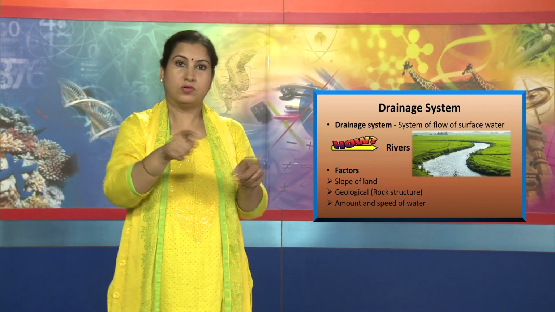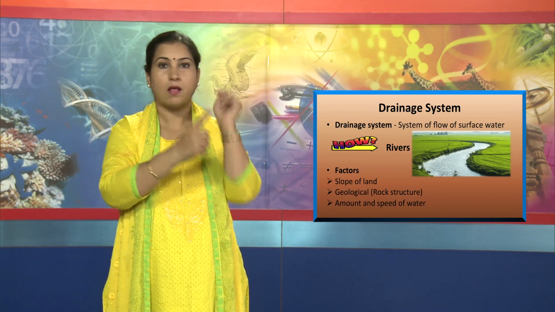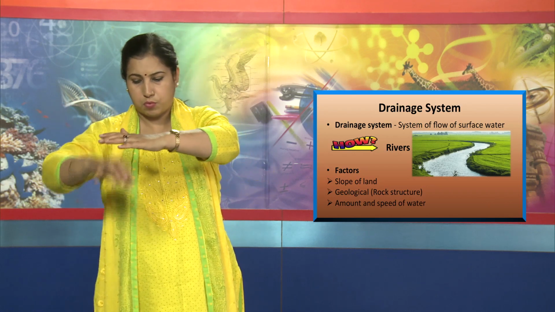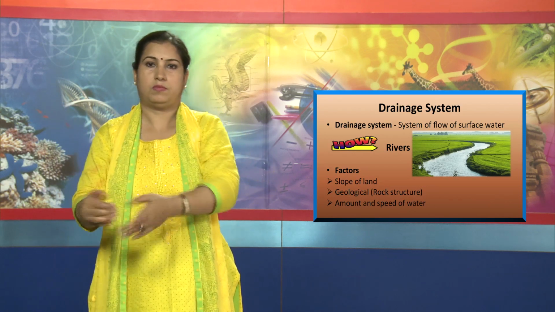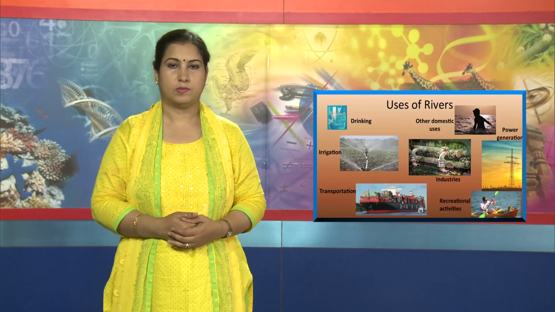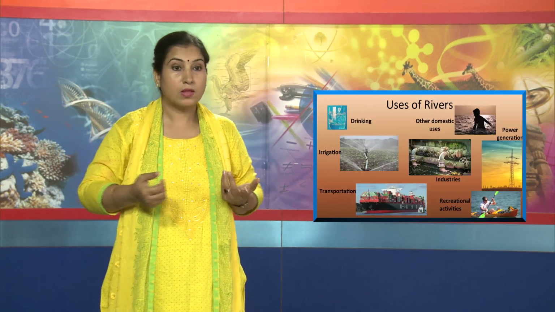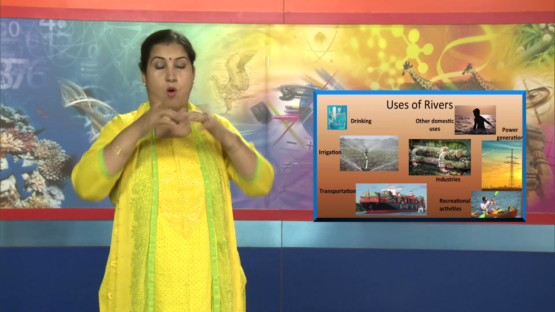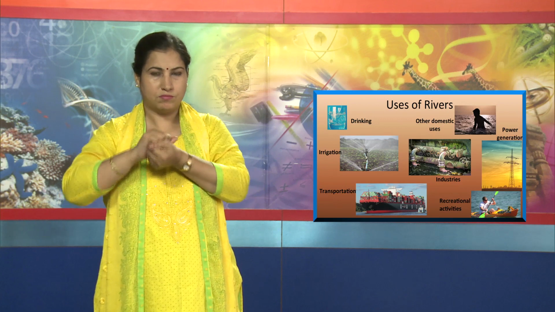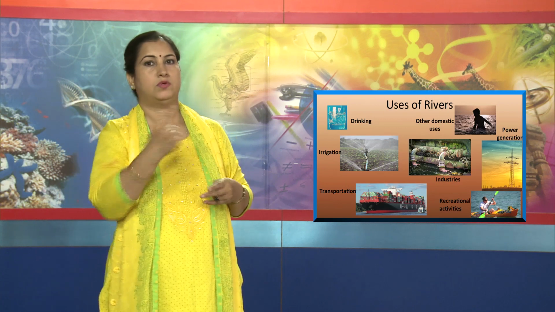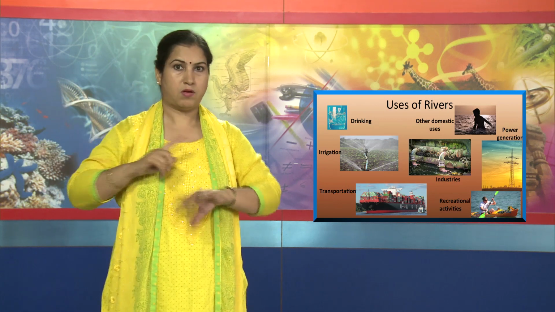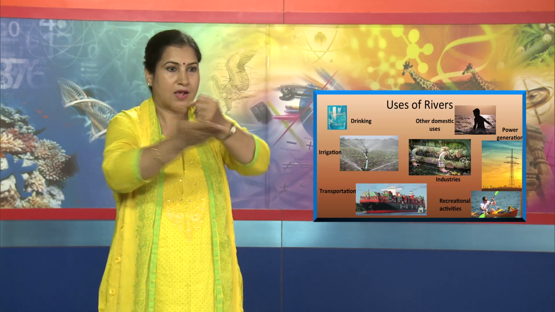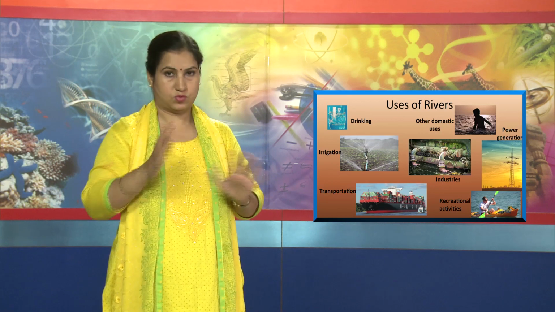And lastly, is maintaining the underground water level of a region. Traditionally, rivers were useful as a source of abundant fresh water for domestic work like drinking, cooking, and cleaning, and also for the agricultural purposes and navigation also.